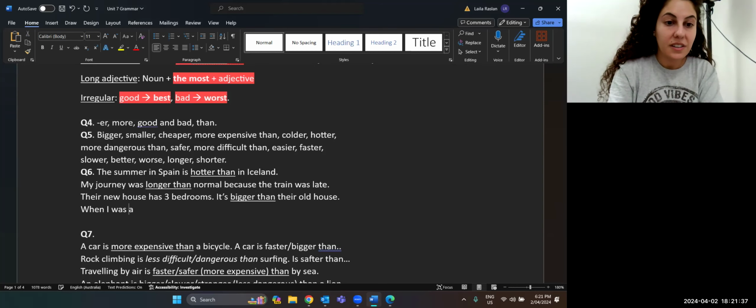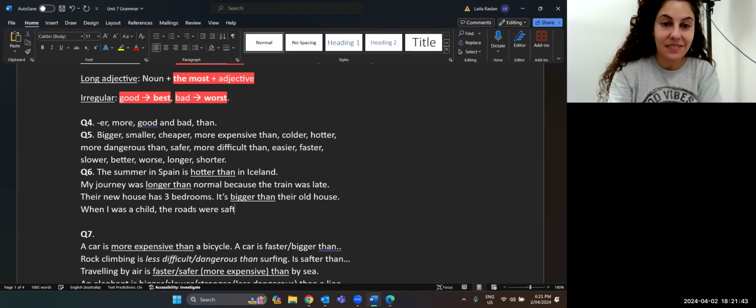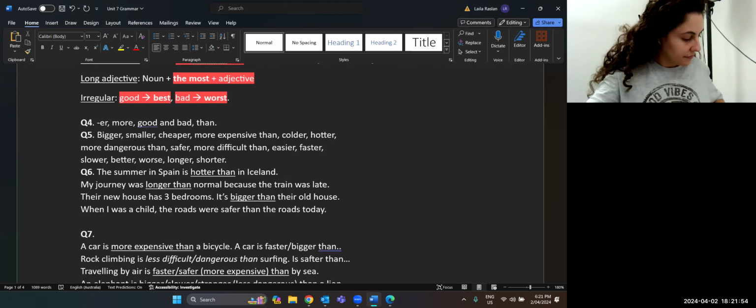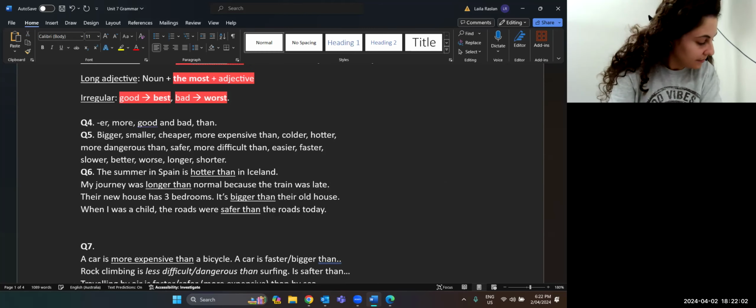When I was a child, the roads were safer. So the adjective is safe, but I need to add the ER. So safer than the roads today. That's because there weren't many cars. Okay, so safer than, short adjective.